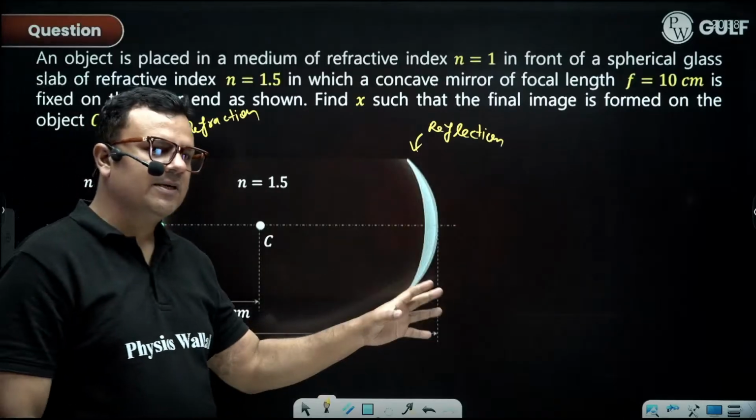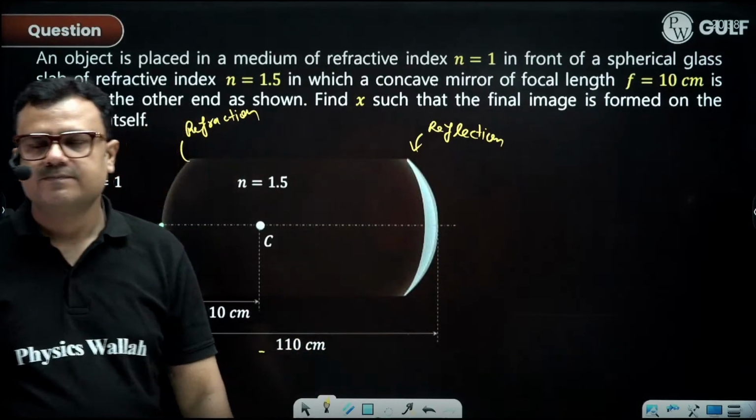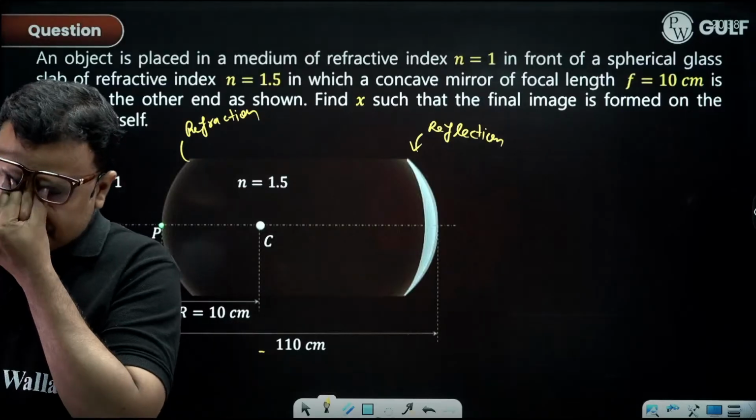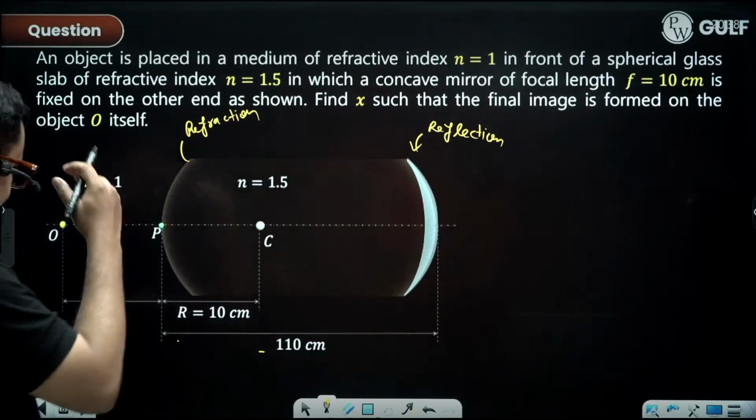So it's 100% sure that the image is going to be formed on this side. Am I correct or not?